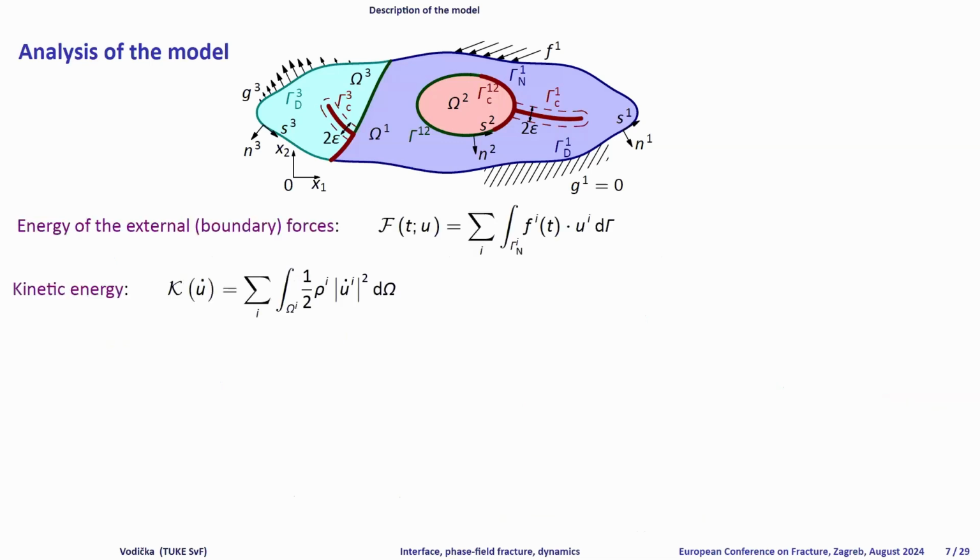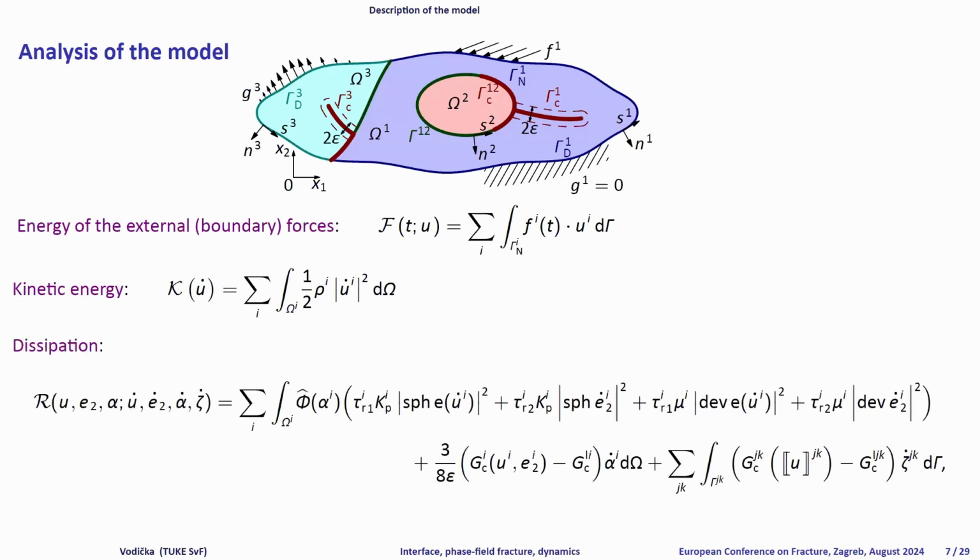Another ingredient in the energy balance is the energy of the external forces. For inertia, we have the kinetic energy. And of course, we may have some dissipation, either due to that rheology, which I mentioned before, but what is important for us, also due to other processes related to crack formation.